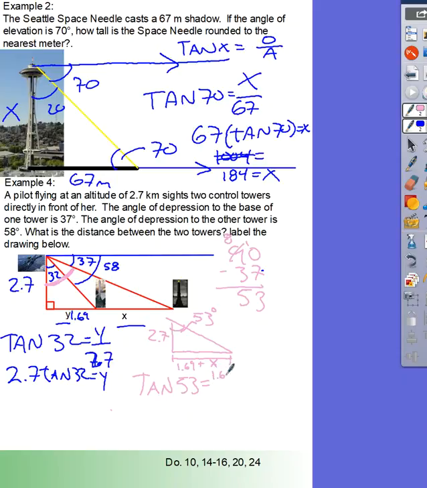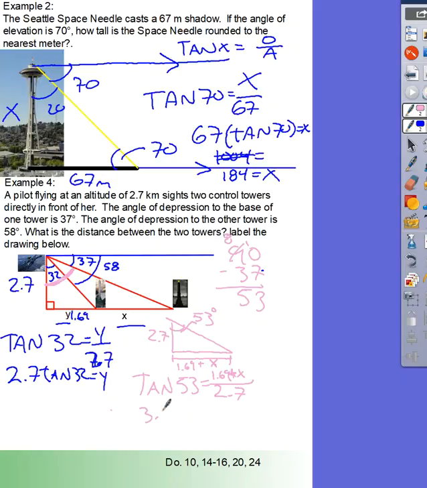So we have 1.69 plus x over 2.7. So then, same thing. We're going to multiply 2.7 times the tangent of 53. So take the tangent of 53, multiply it by 2.7, and I get 3.58.